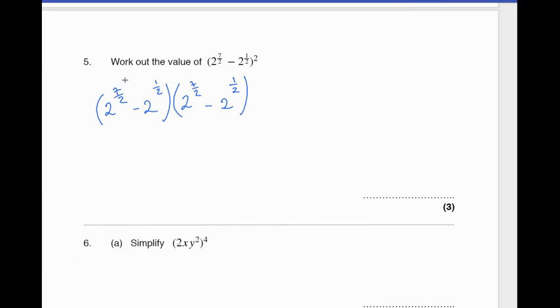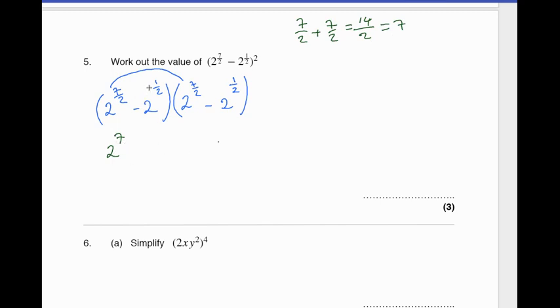So we have 2 to the power of 7 over 2 multiplied by 2 to the power of 7 over 2, which is going to be equal to 2 to the power of, well, 7 over 2 plus 7 over 2 is 14 over 2, or just 7. Okay, that just comes from 7 over 2 plus 7 over 2 equals 14 over 2, which is equal to 7.